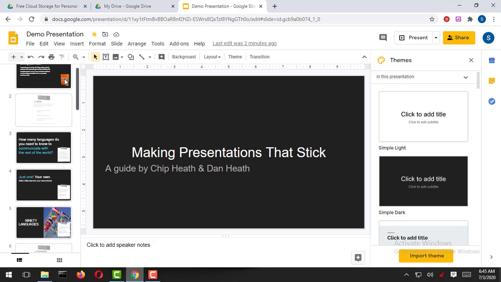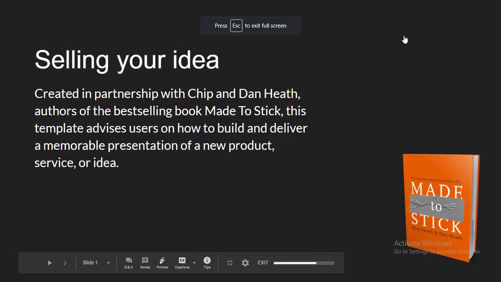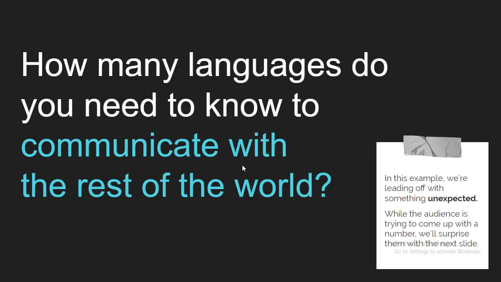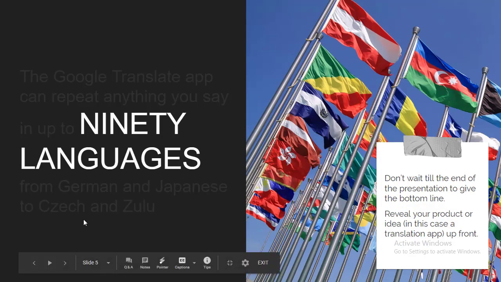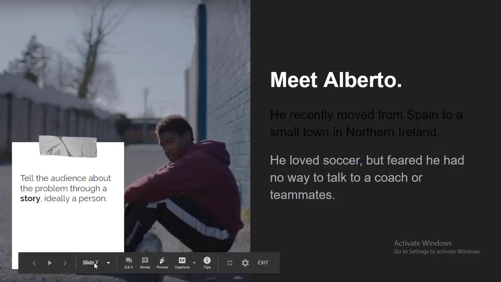One other thing before we close this particular video is this Present button here. Now if we go up here and click on Present, the screen goes up and shows us our slide. If I click on display here, it keeps going from one slide to the next slide, and then we can just click on it and it stops, or we can do it manually ourselves. And you can see here the slide number.